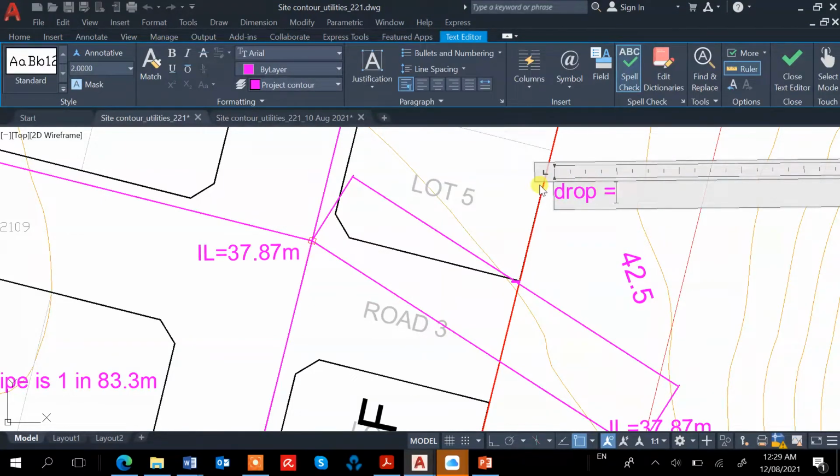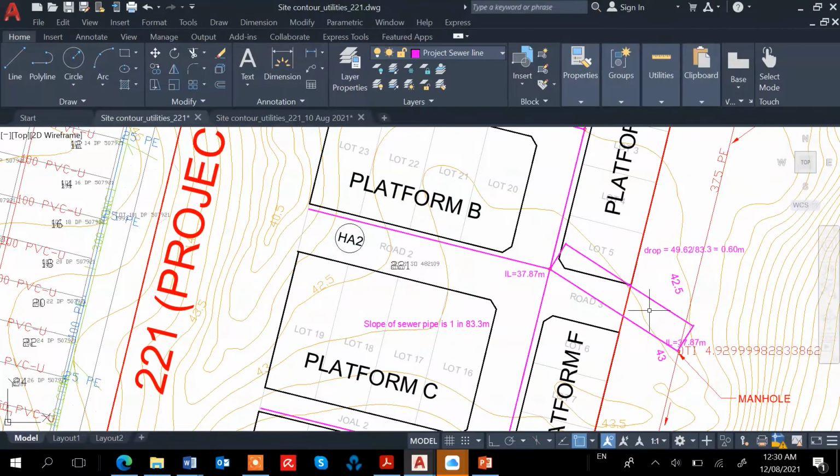The drop equals to, just now that one is 49.62, isn't it? 49.62 divided by 83.3, which equals 0.60 meter. Okay, so the drop for this one is 0.6.